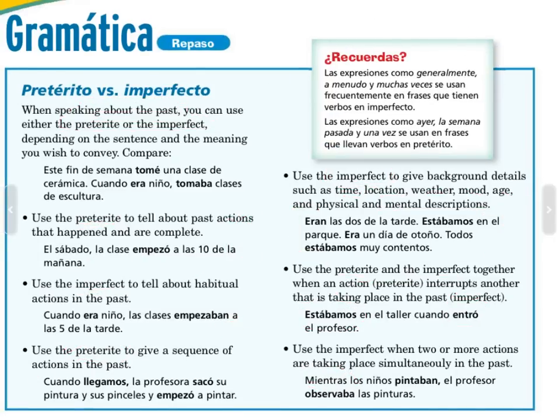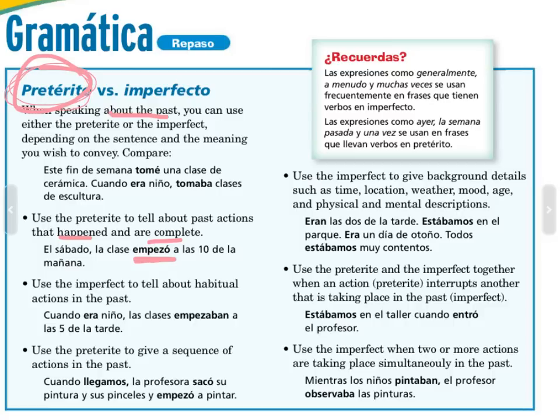So, to recap, I'm going to kind of color code things. The preterite is used when speaking about the past, of course, but also it is used to talk about actions that happened and are complete, such as empezó. It began one time at exactly 10 o'clock.